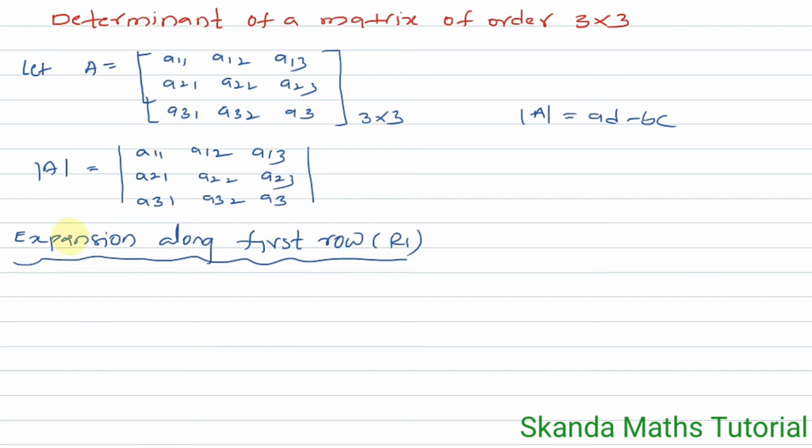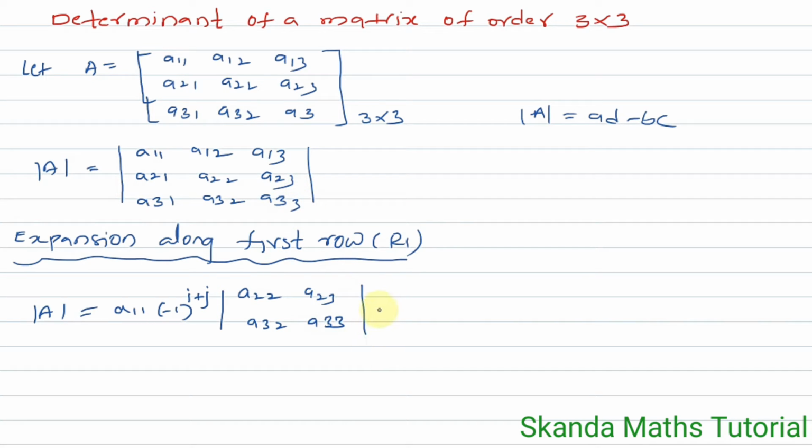Here the determinant of A is equal to the first row, A11 into minus 1 whole power i plus j into, you eliminate this row and this column, and write this 2 by 2 determinant, that is A22, A23, A32, A33.